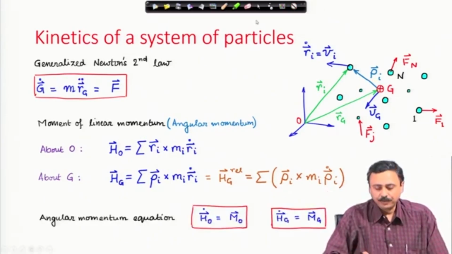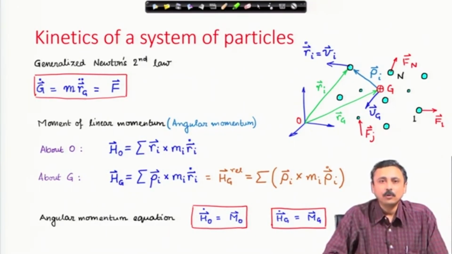Having defined that, we found that the rate of change of angular momentum about O is the moment of all forces about O, and similarly the rate of change of angular momentum about G, the center of mass, is equal to the net moment of all forces about G.